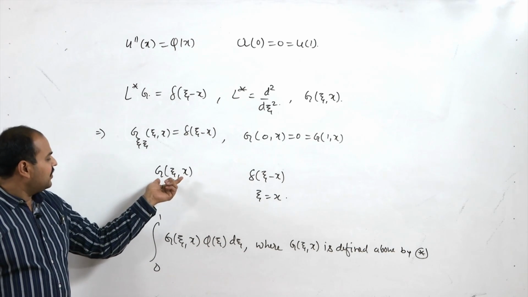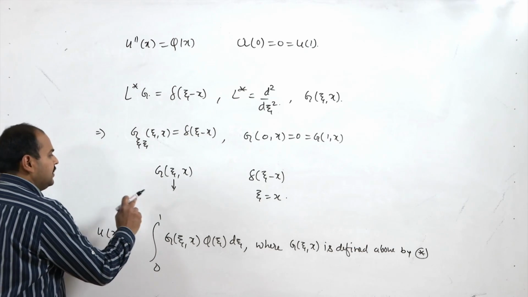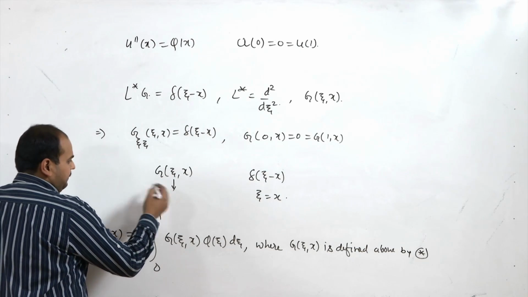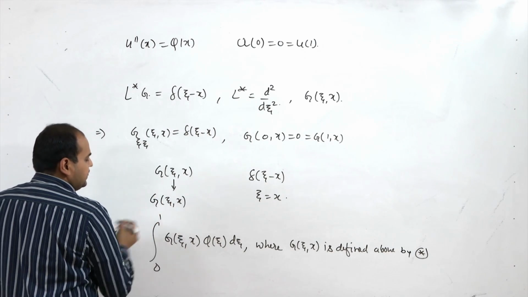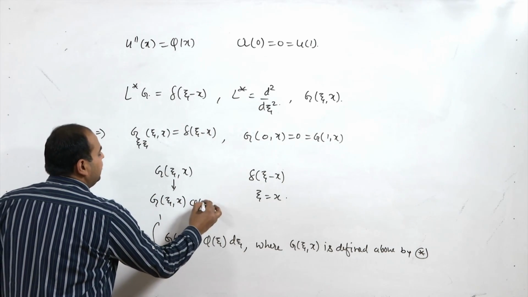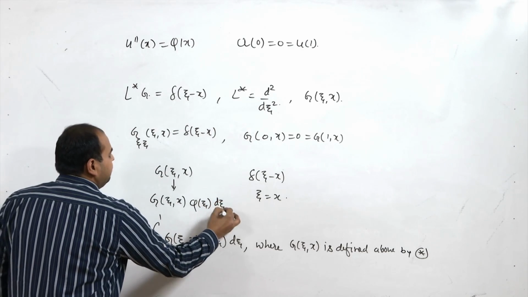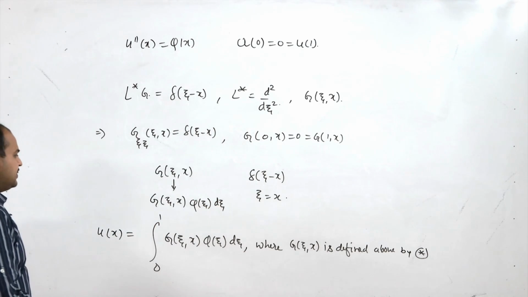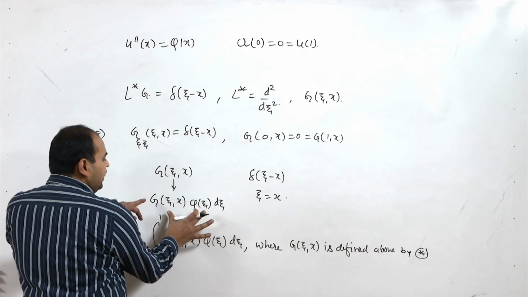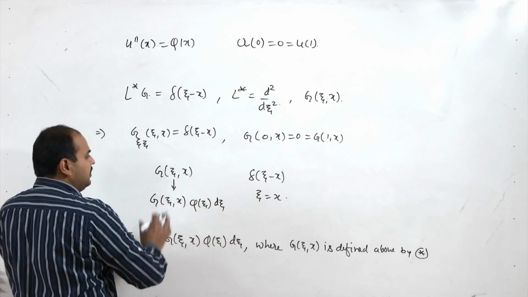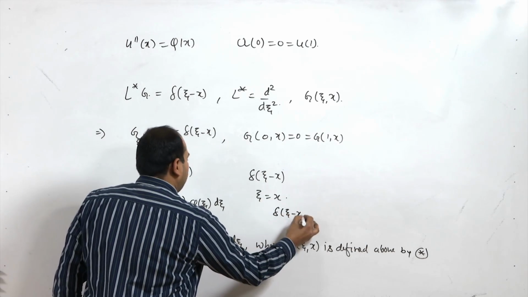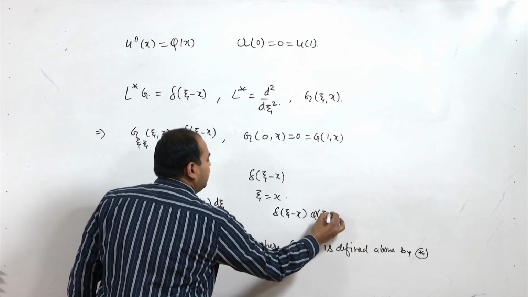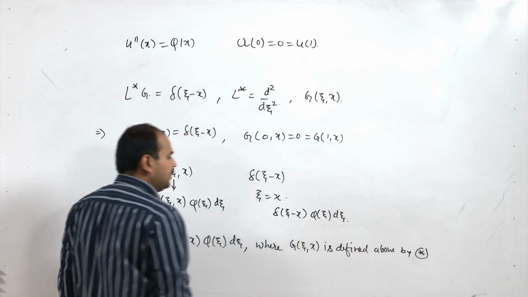So I can write that when we apply g(xi, x) phi(xi) d xi, then we can say this is the deflection in the string for the force delta(xi minus x) phi(xi) d xi, right.